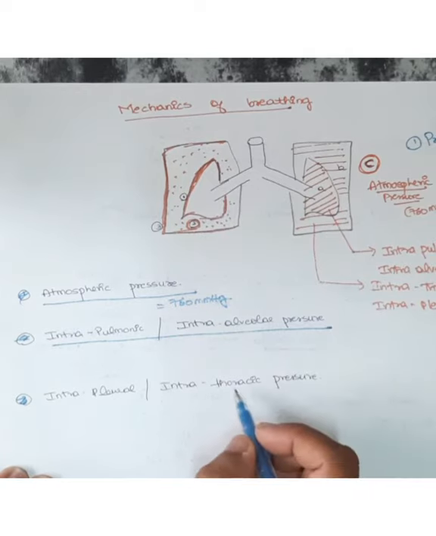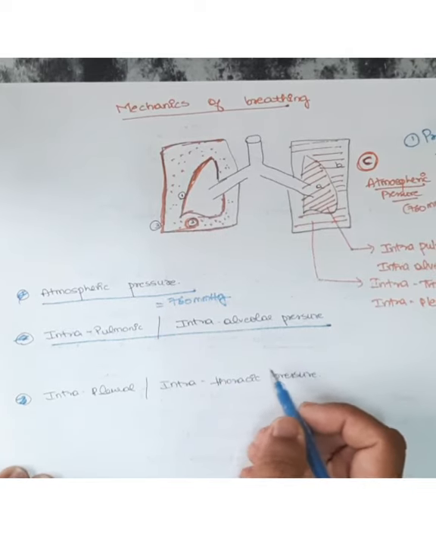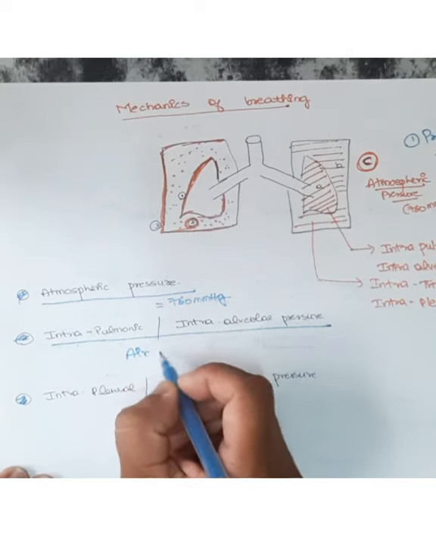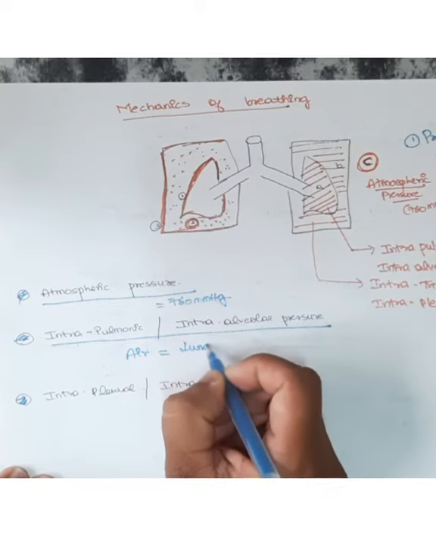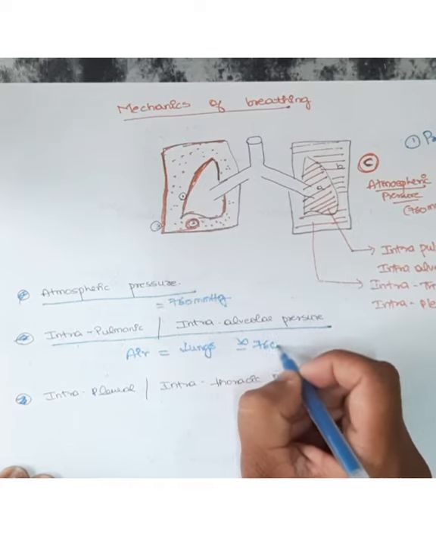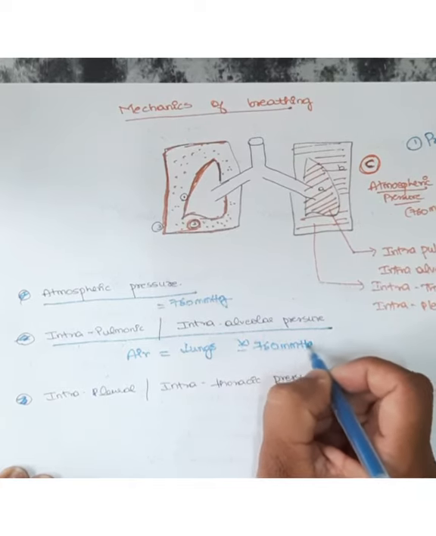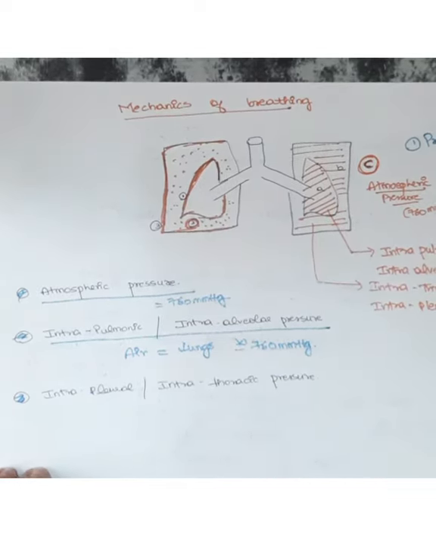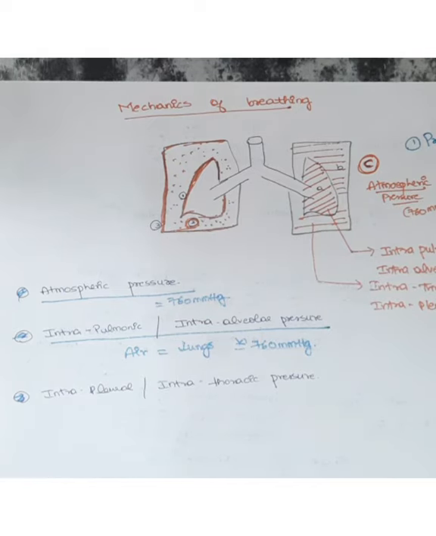Intrapulmonic or intra-alveolar pressure is the air pressure inside the lungs, which is again similar to 760 mmHg. If there is no net diffusion of the gases, the inside of the lungs and the atmosphere remain in equilibrium, then it should be similar to 760 mmHg.